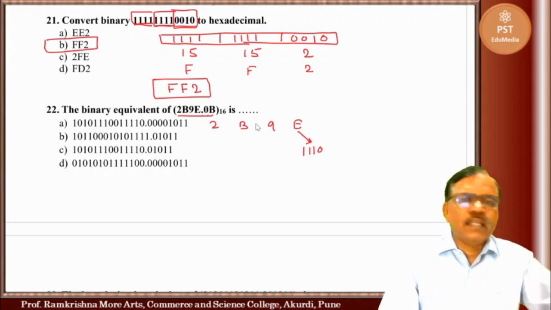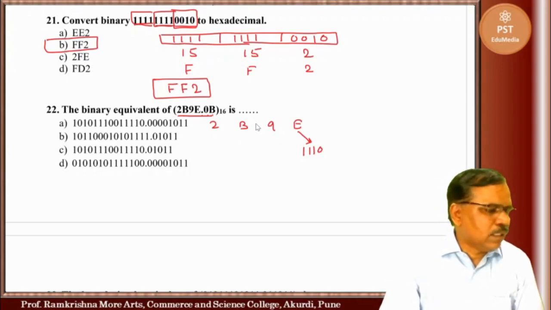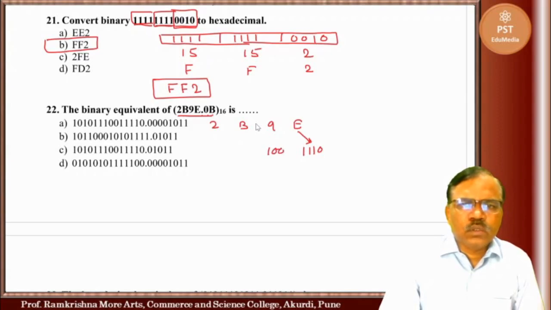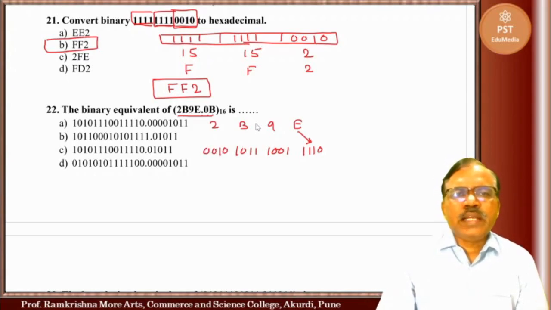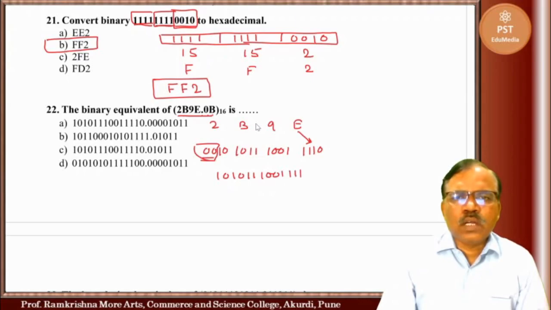Now for 9, binary is 1001. For B, it is 1011. For 2, it is 0010. So you can eliminate the leading zeros: 10 1011 1001 1110.